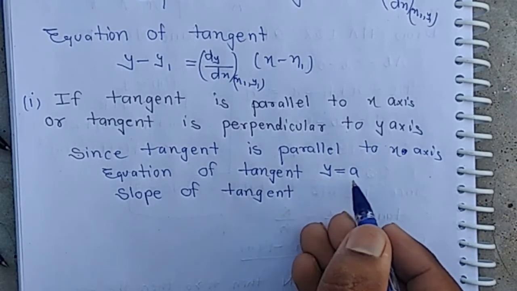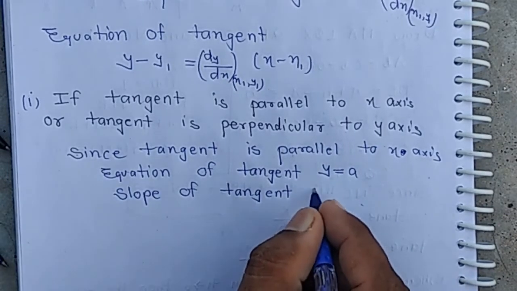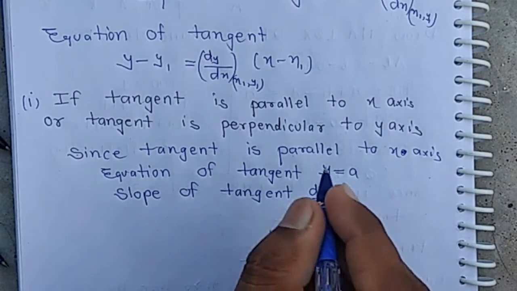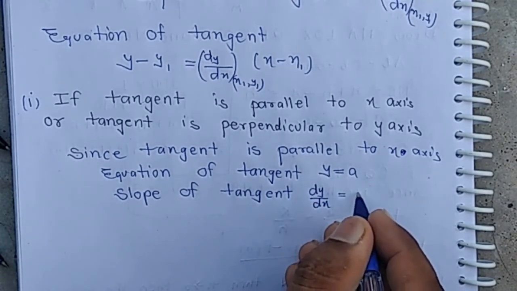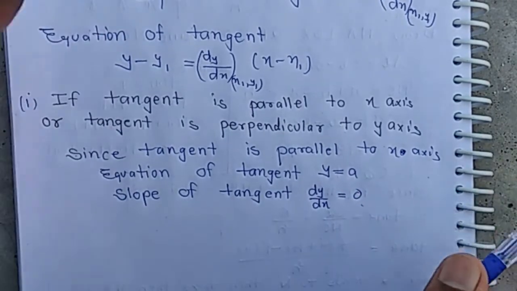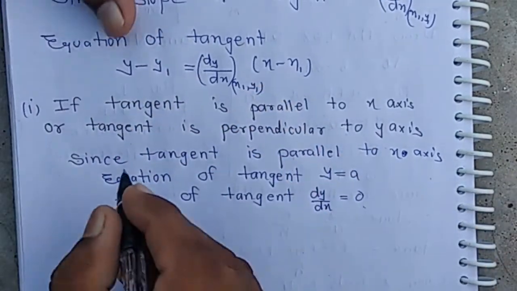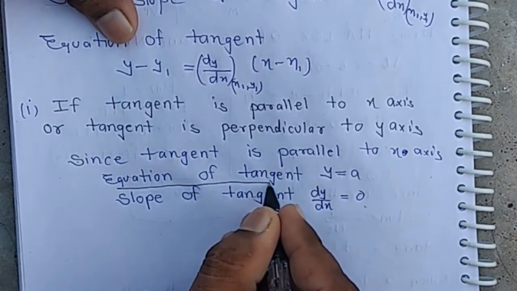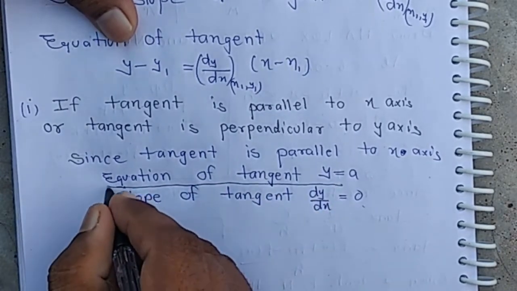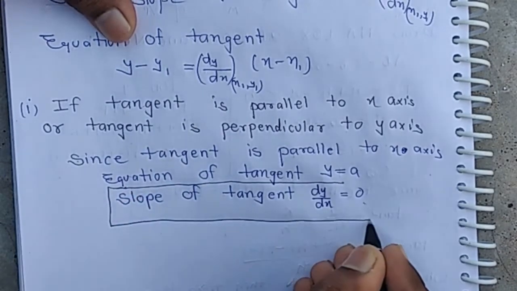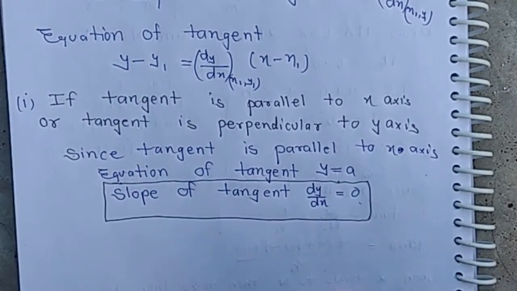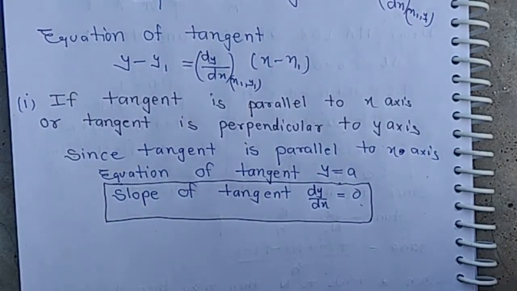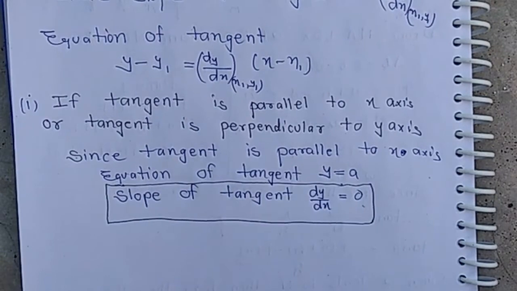Differentiating y equal a with respect to x, we get dy by dx equal 0. Means when the tangent is parallel to the x-axis or perpendicular to the y-axis, the slope of the tangent is equal to 0.